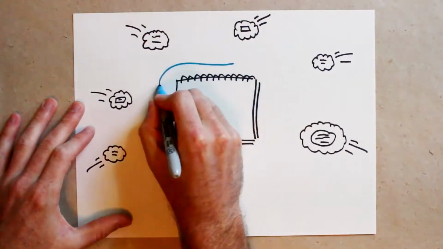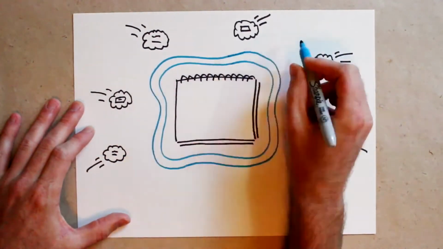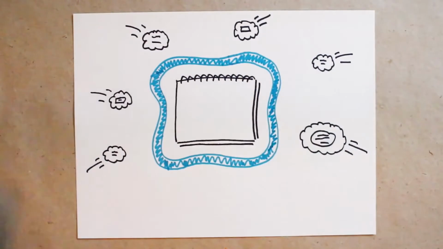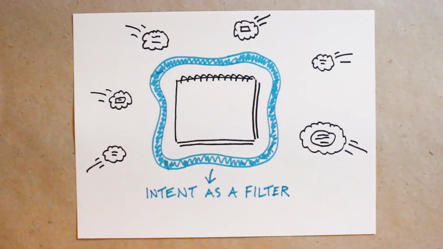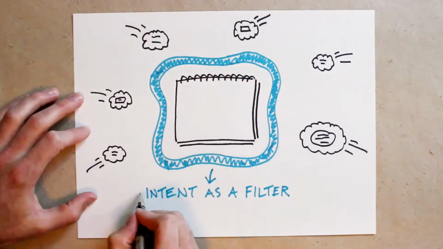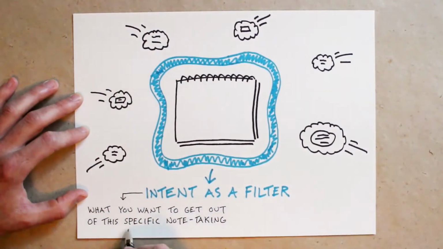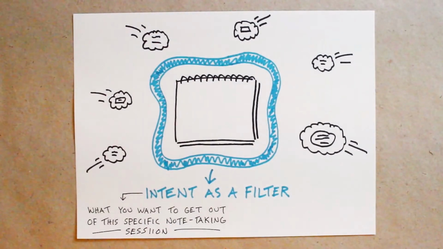What I want you to imagine is a filter that exists between those ideas and your sketchbook. And what that filter represents is your intent. And what I mean by intent is what you want to get out of this specific note-taking session. To know what goes on the page and what doesn't, you need to know why you're here in the first place.